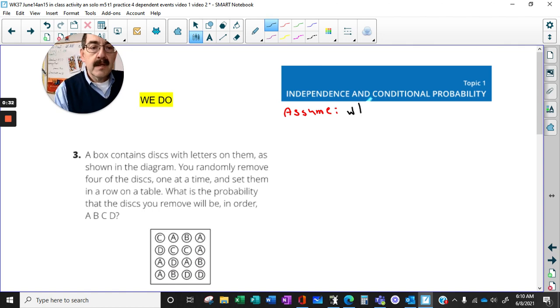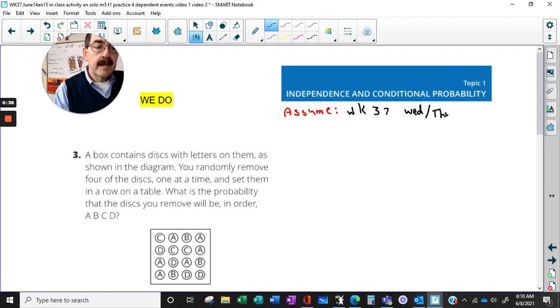this is week 37, Wednesday, Thursday, and we are on the idea of a dependent event given statements.